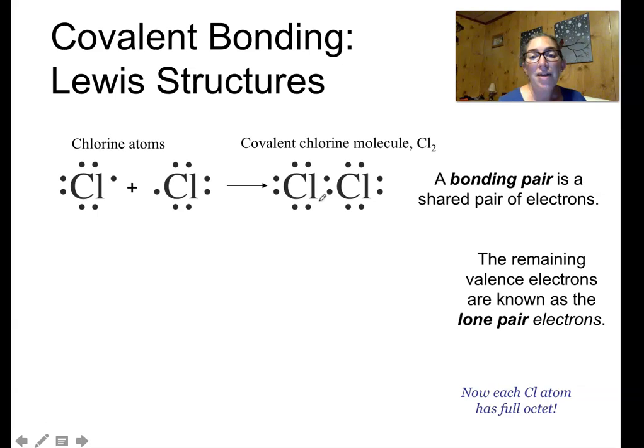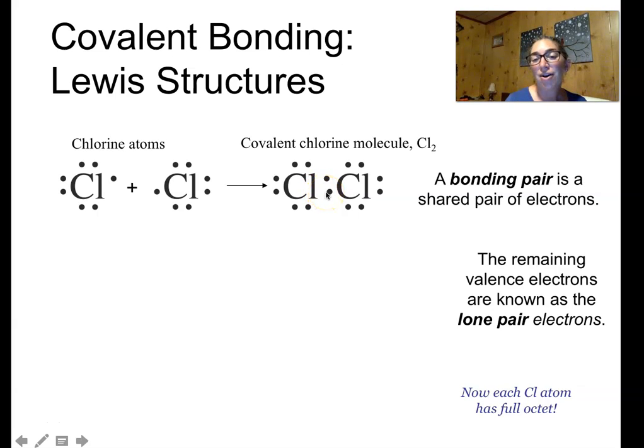So, covalent bonding. Lewis came up with this handy-dandy dot structure, but now when we're talking about covalent bonding, we want to show the number of these covalent bonds, and we use a line to do that. If we have 2 chlorine atoms that each have a single electron sticking out that needs a partner, you bring them close together, and now those electrons form a pair.